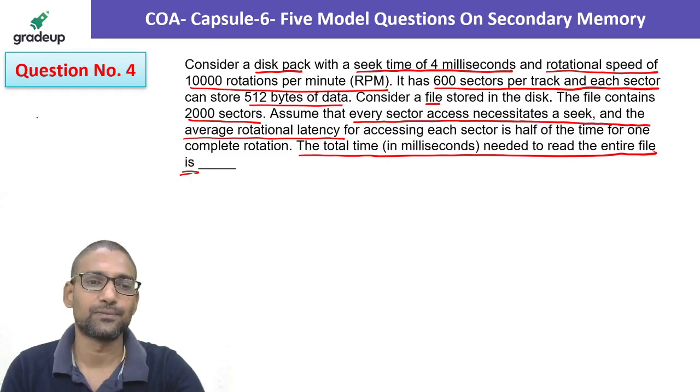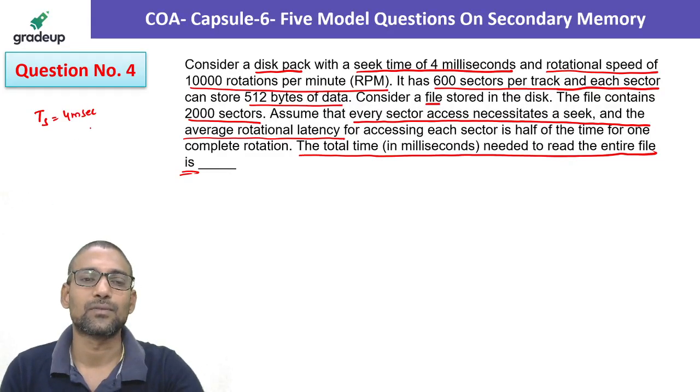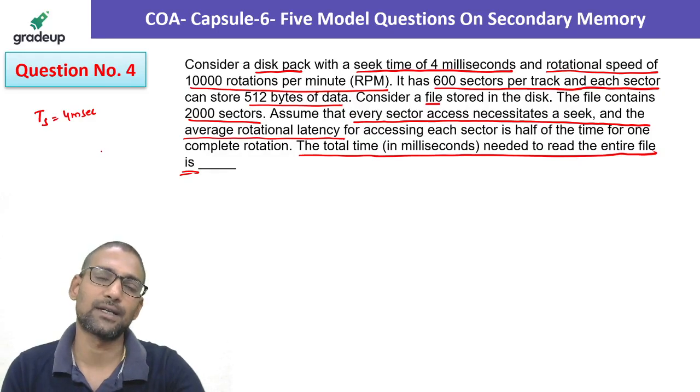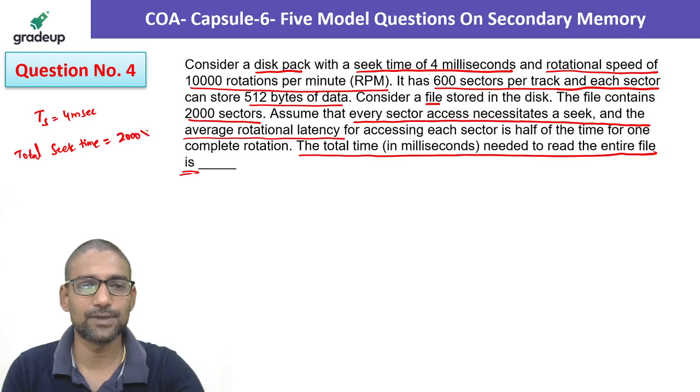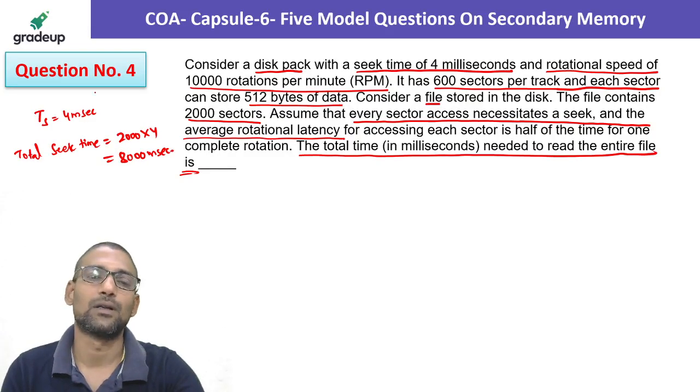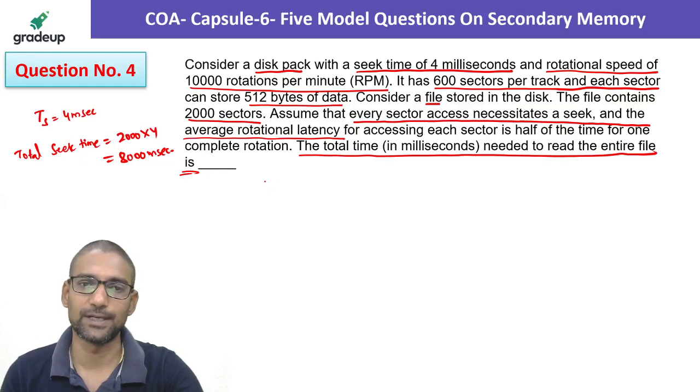First of all, seek time is given 4 milliseconds. Given every sector requires seek time. So total seek time is equal to 2000 sectors. Every sector requires seek time, that is 8000 milliseconds. Now we want average rotational latency.